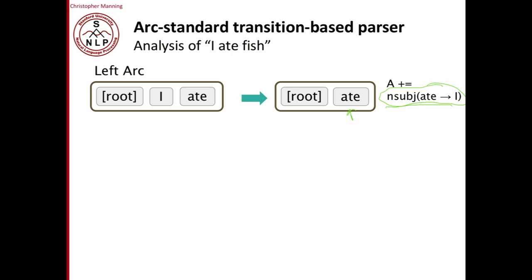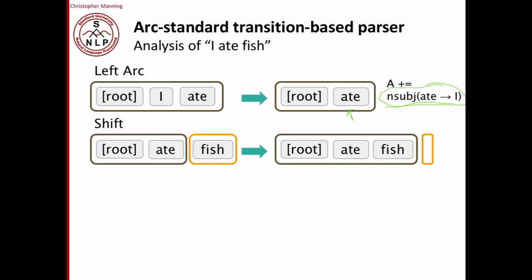Now I could immediately reduce again and say "ate" is a dependent of root, but my sentence is actually "I ate fish". So what I want to do is say, oh, there's still "fish" on the buffer. So what I should first do is shift again, have root, "ate", "fish" on the stack, and then I'll be able to say, look, I want to now build the thing on the top of the stack as a right dependent of the thing that's second from top of the stack, and that's referred to as a right arc move.